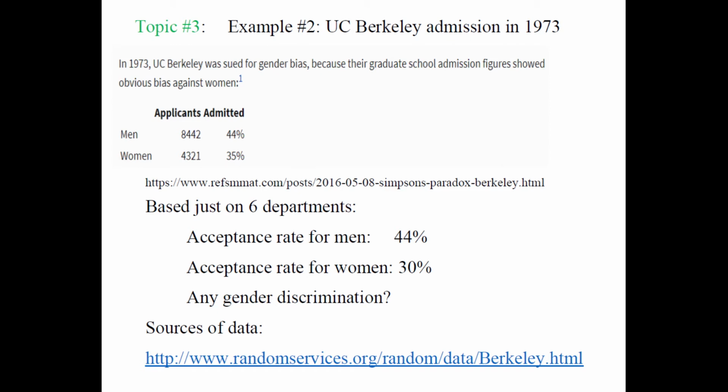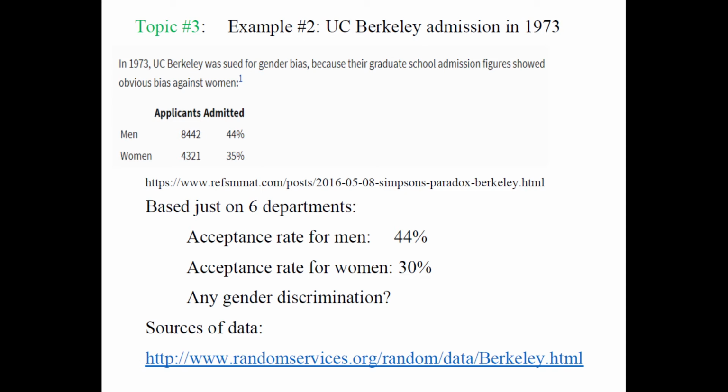Example number 2. UC Berkeley admission in 1973. In 1973, UC Berkeley was sued for gender bias because their graduate school admission figures showed obvious bias against women.